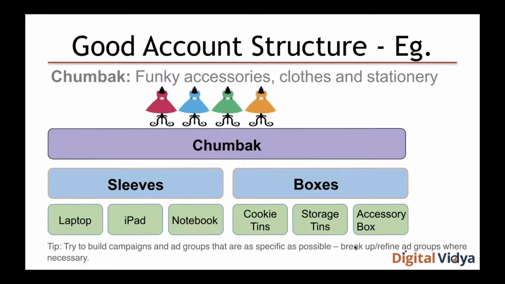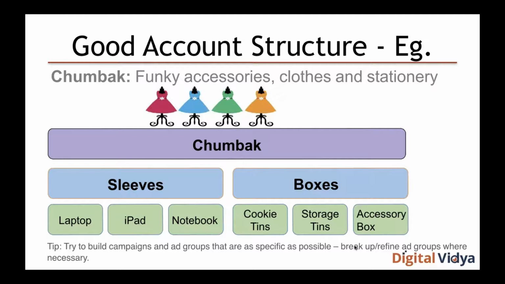So try, as long as you can, write something about it, take the person to a landing page about it and all that. Try to break things into as many ad groups as possible. Try not to keep everything in the same ad group, because then it does not work well, right?